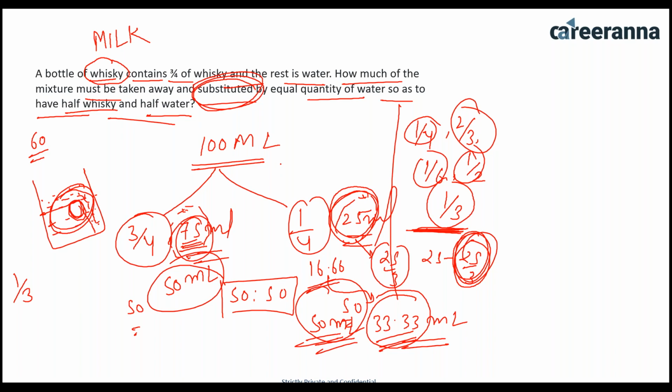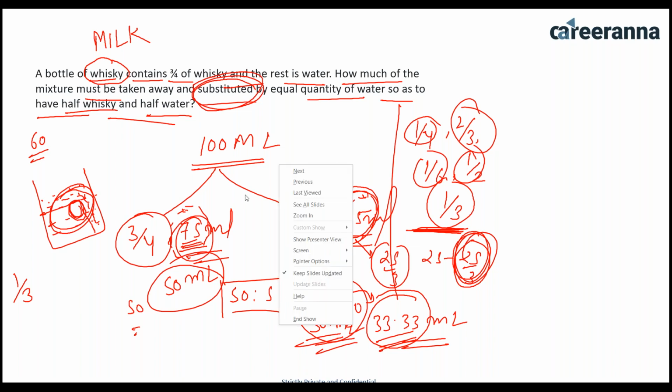Okay, Harsh, let me explain it again. Okay, guys, let's do it. 400 ml. I think it is clear. Let us consider the bottle to be of 400 ml.